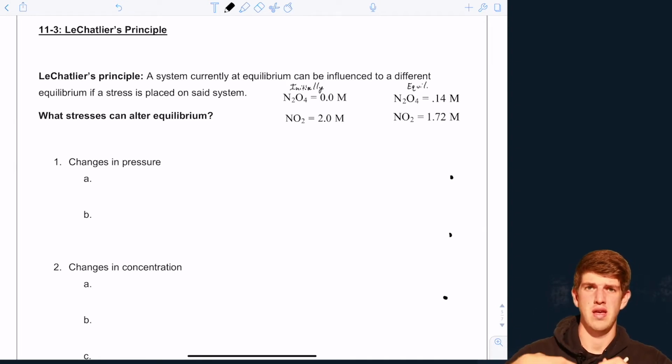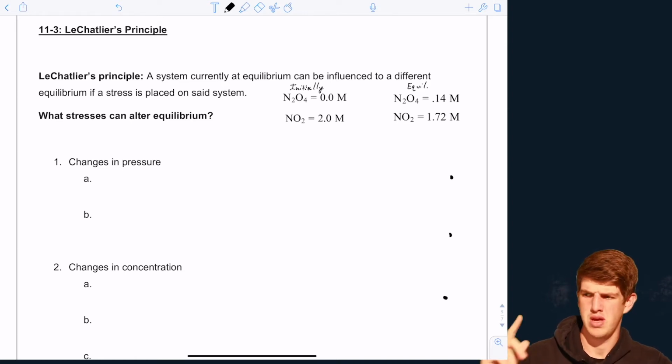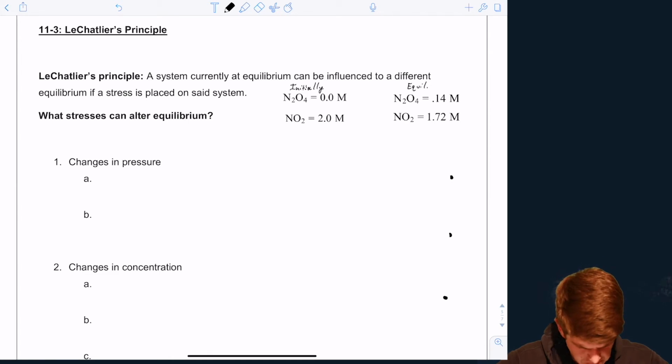So if my reaction has a certain concentration of a certain molecule, I can add more of that molecule, and the system's going to say, oh, we have too much of that, let's use some of it and make some more of the product or reactant.